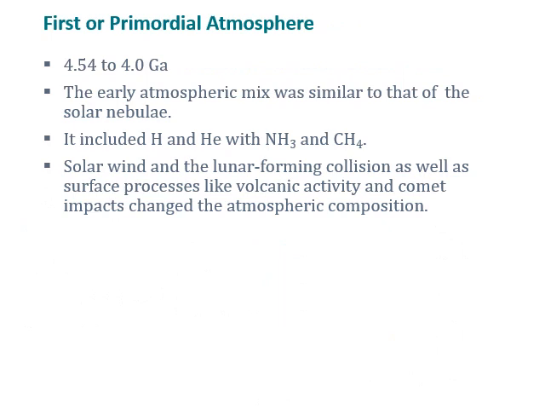Going into more detail, Earth's first or primordial atmosphere was similar to that of solar nebulae, including hydrogen, helium, NH3, and methane. This formed as the solar wind and lunar forming collision and volcanic processes on Earth's surface changed atmospheric compositions.